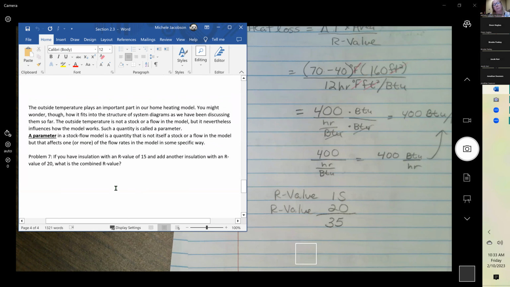Also on the test, are we going to have to write degrees feet squared over BTU, or can we just write the number? You can just write the number for right now, at least on this exam.